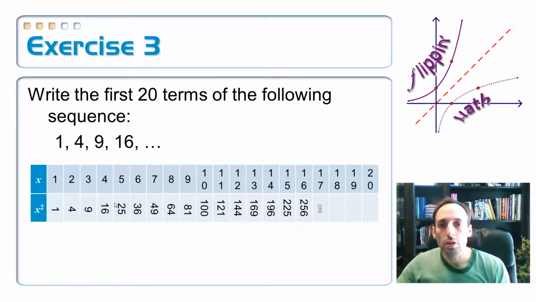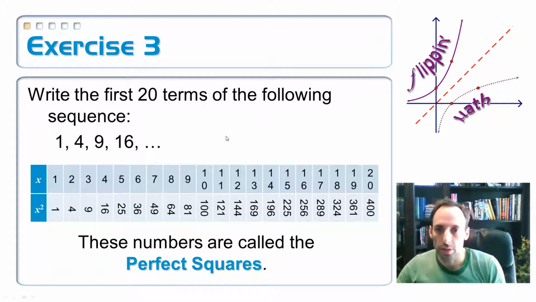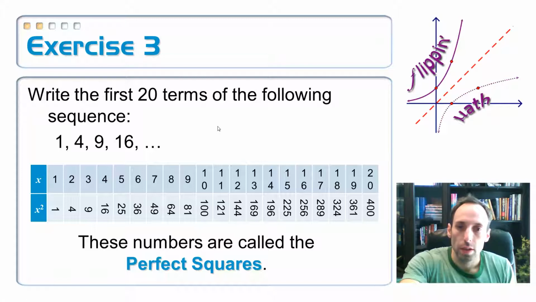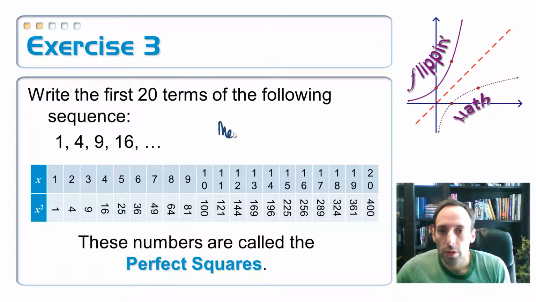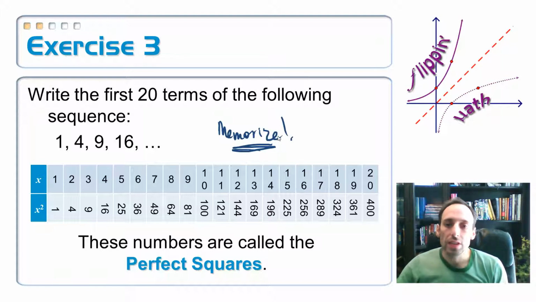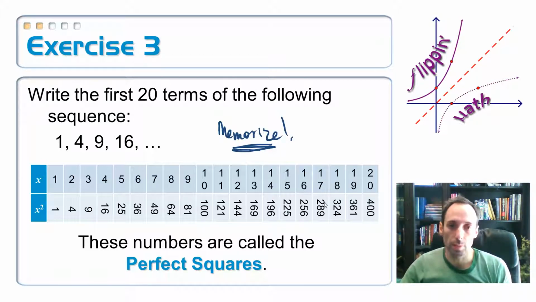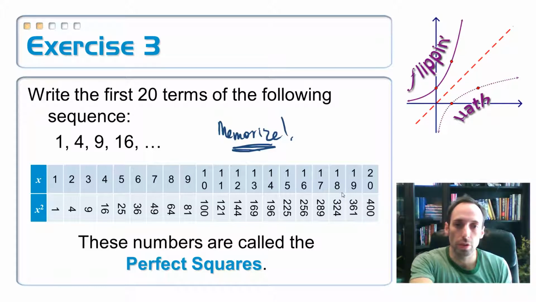But I want you to try to memorize these all the way up to 20. The better you have them memorized, the easier it's going to be for you to simplify square roots, because then you'll recognize them. Oh, I see 324, that has 18, it's a perfect square, so the square root is 18.